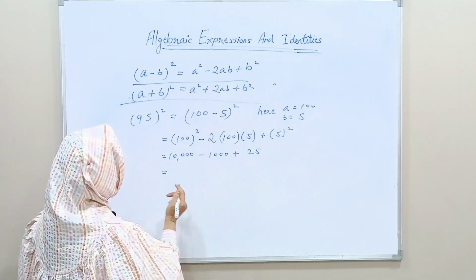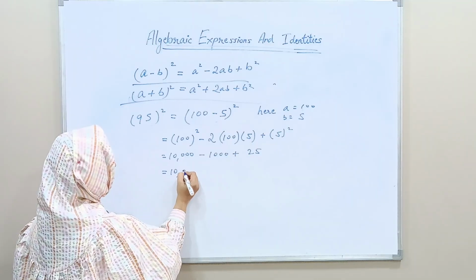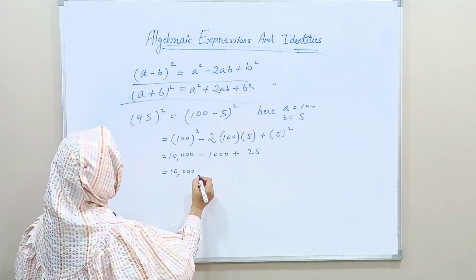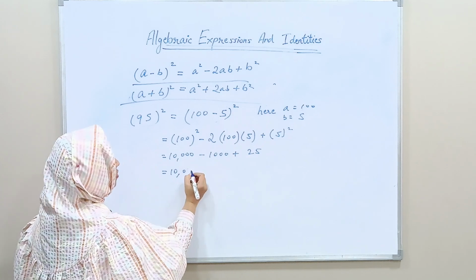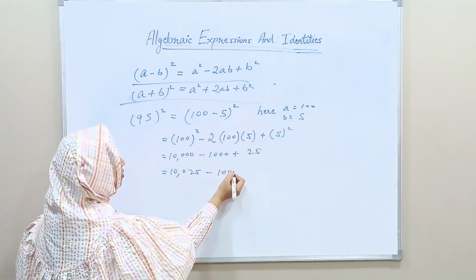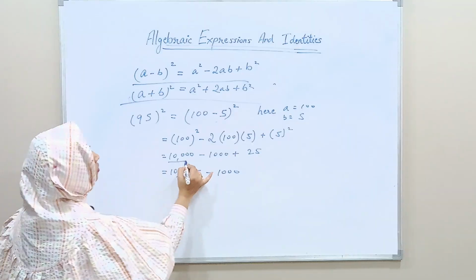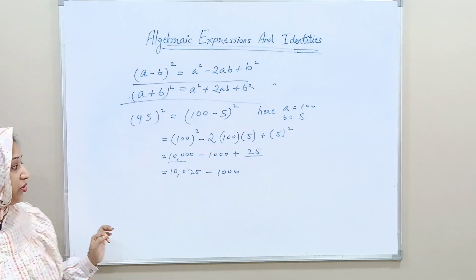We can do rough work also, or you can do them mentally. First we will add, so 10,000 plus 25 is 10025, adding the positive terms together.